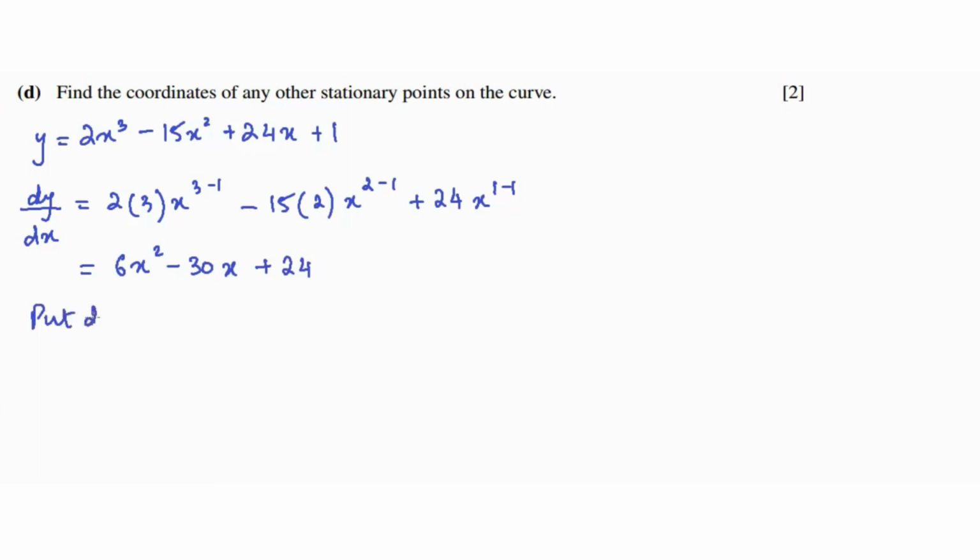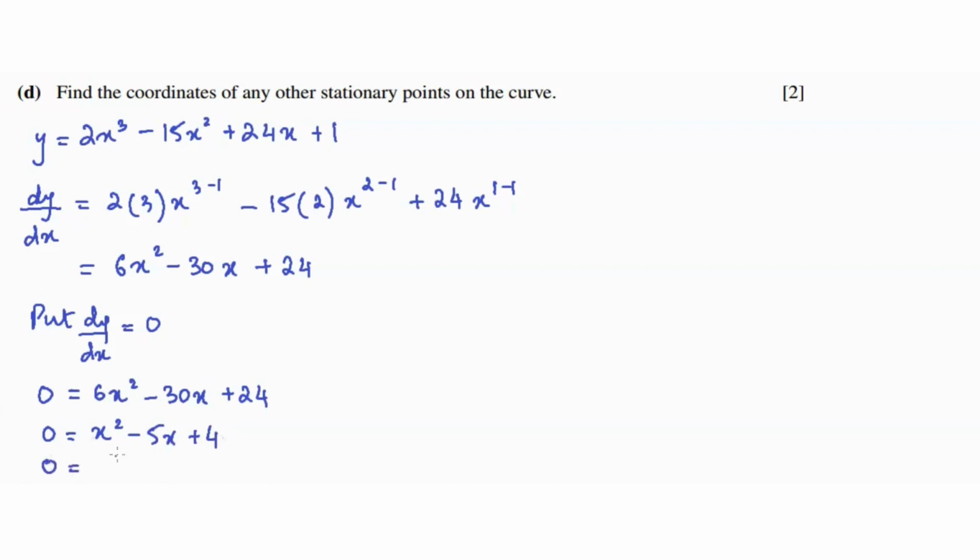Put the first derivative equal to 0. So it's going to be 0 equals 6x squared minus 30x plus 24. And now we can factorize this. Since 6, 30, 24 come in the 6 times table, it's going to be x squared minus 5x plus 4. So now we factorize this.